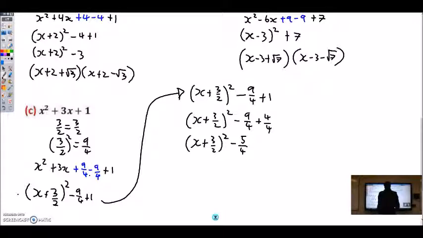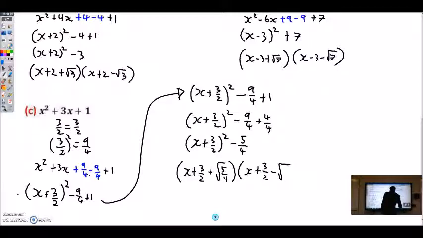Now, at this point, we're going to apply DOPS. We're going to end up with x plus 3 on 2 plus the square root of 5 on 4, x plus 3 on 2 minus the square root of 5 on 4.